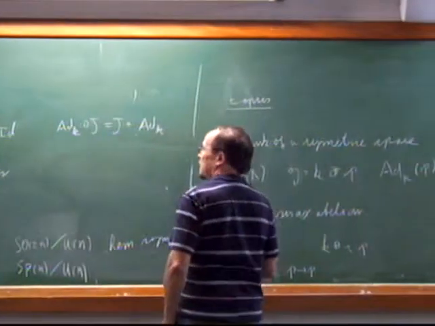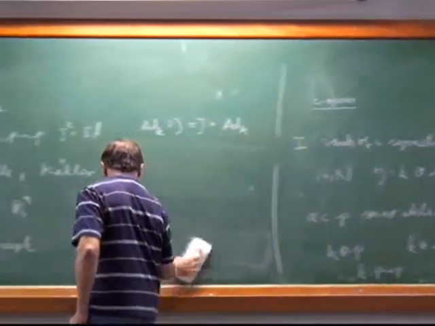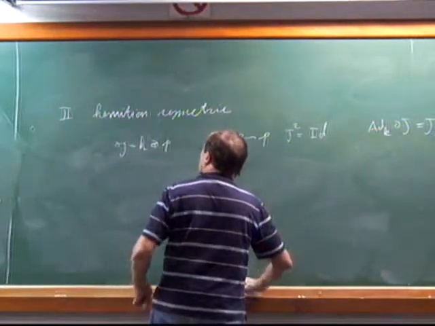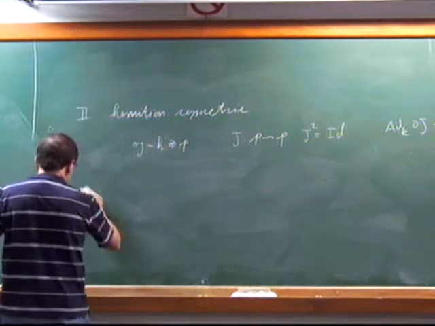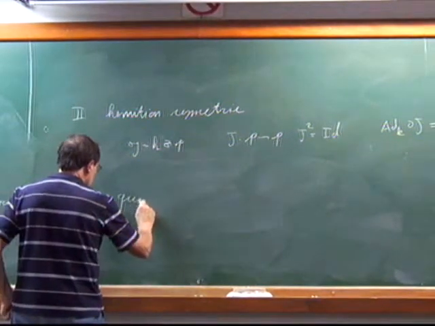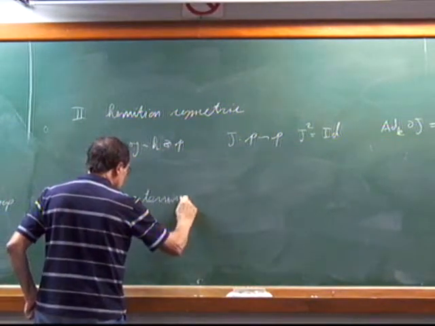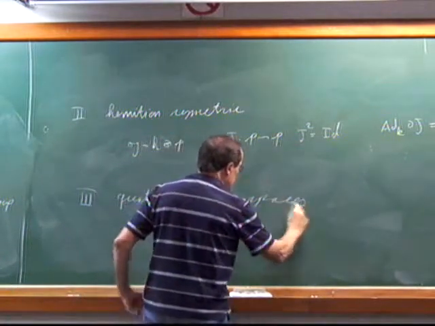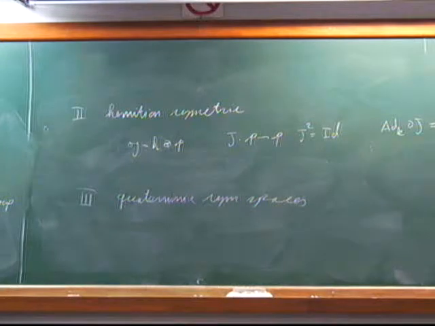Another possible topic: these are what are called quaternionic symmetric spaces. If you went to the seminar talk yesterday, you heard those words. The speaker was talking about quaternionic symmetric spaces.